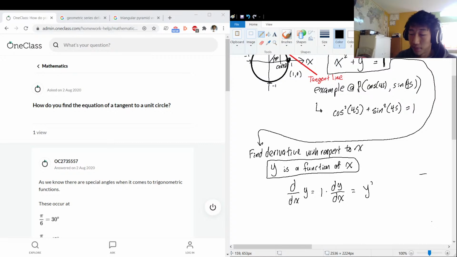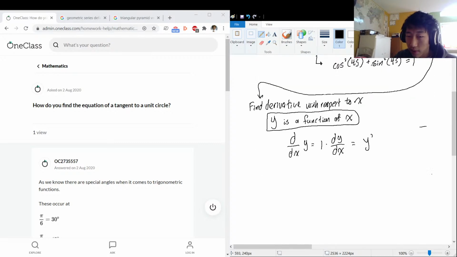Keep in mind we have to treat y as a function of x, and it will make sense in a minute. Okay, so let's rewrite this equation for the unit circle: x squared plus y squared equals 1. Let's isolate y first.